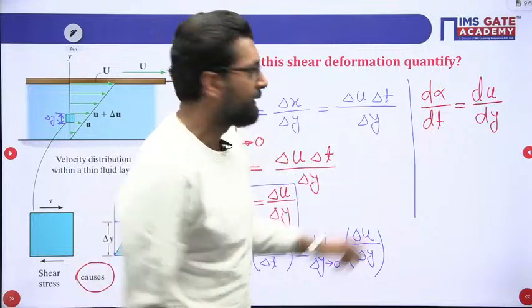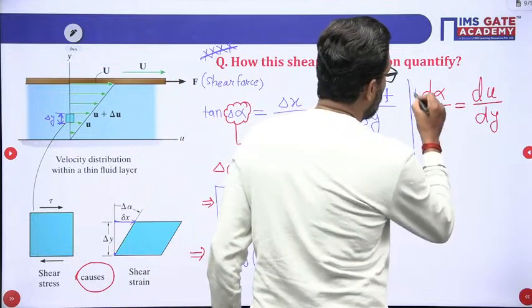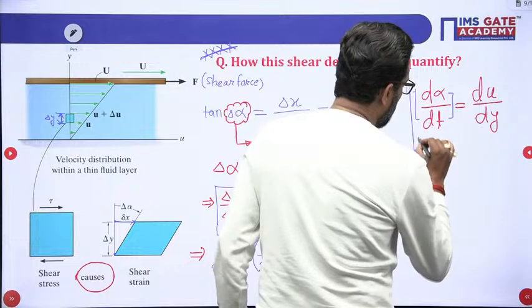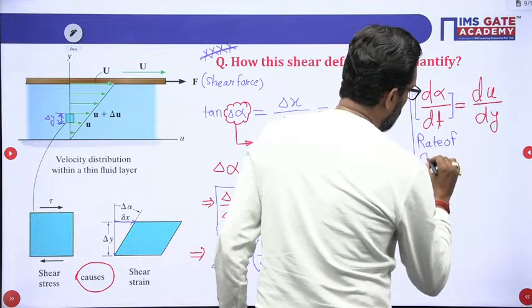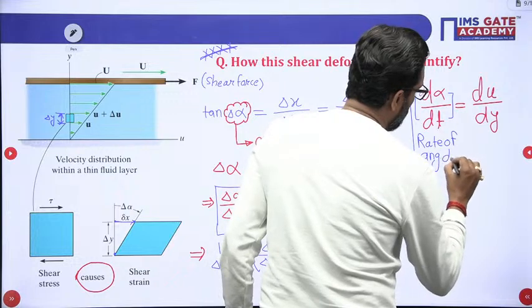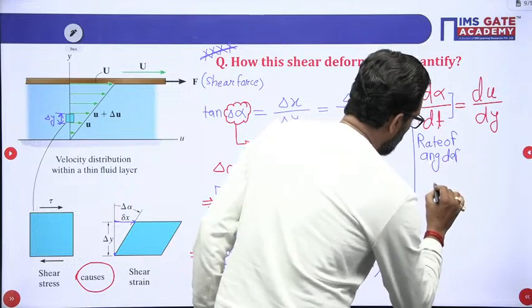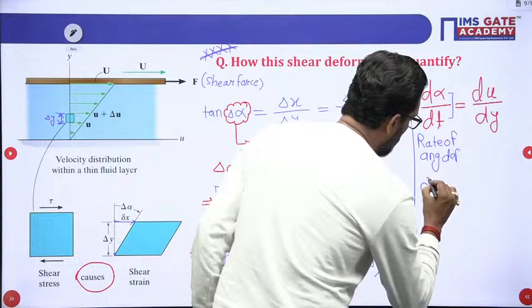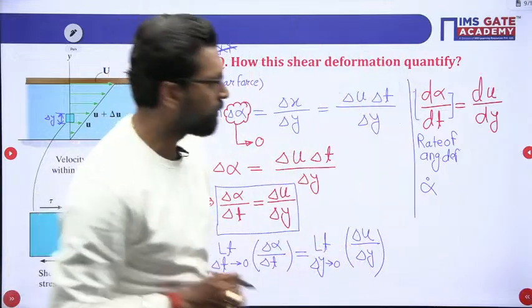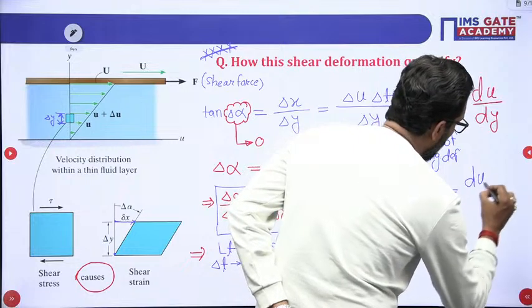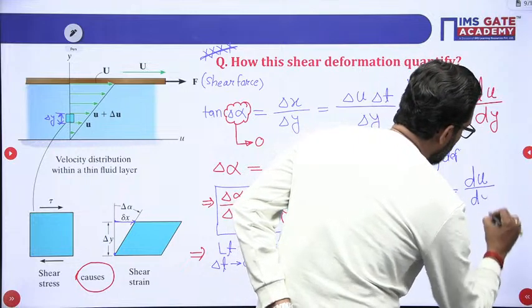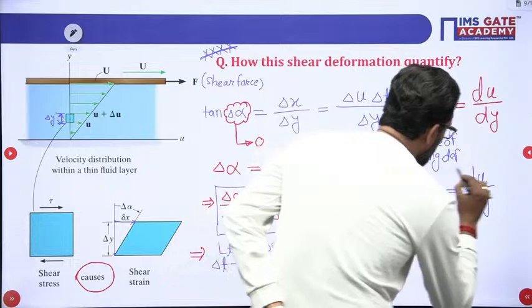Divided by t, that means this is the rate of angular deformation. It is written as alpha dot. This rate alpha dot is equal to the velocity gradient, the slope of the velocity profile, du over dy. From this one you can measure.